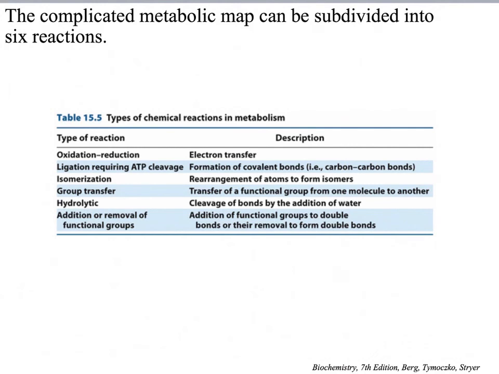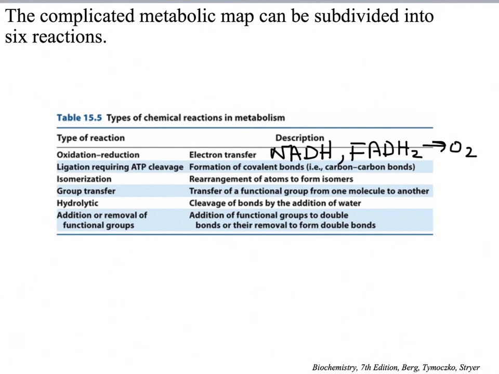We have oxidation-reduction reactions. Useful energy is often derived from the oxidation of carbon compounds. Typically, you have NADH and FADH2, which carry electrons to oxygen, the final electron acceptor.